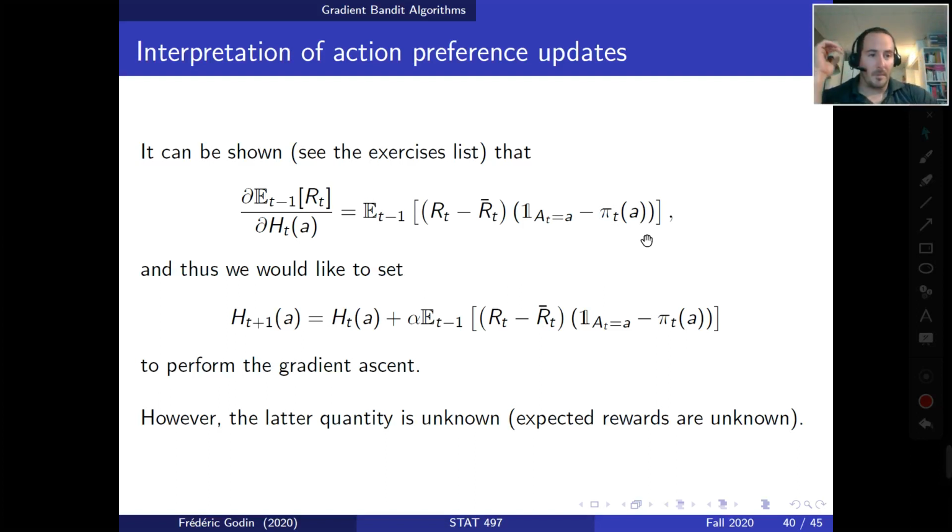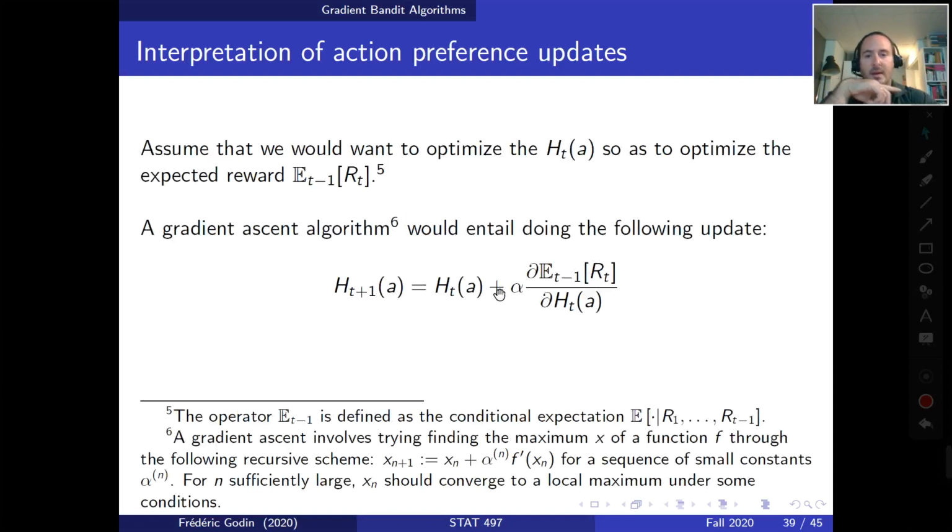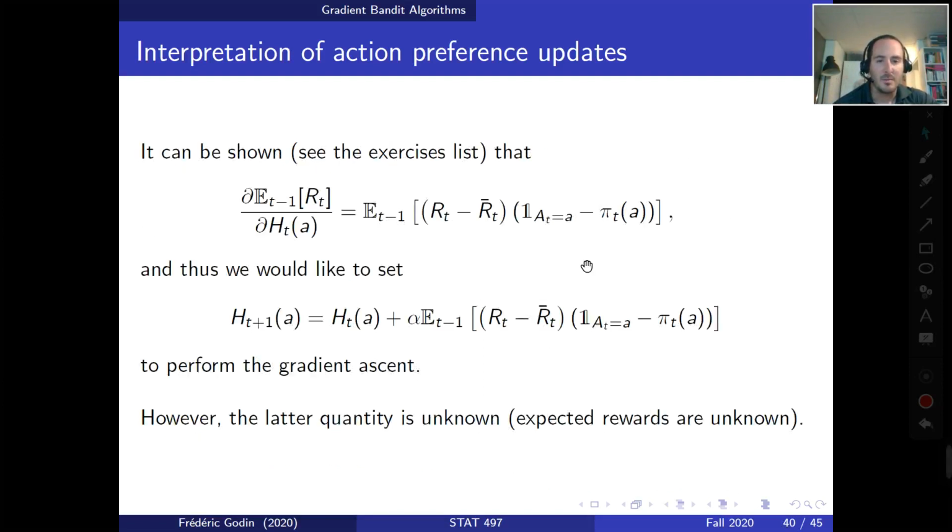So therefore, what we'd like to do to have a formal gradient ascent is substitute this expression for the derivative of our expected value with respect to the action preferences into the previous recursive equation. Okay, so if we go back one slide, for that term for the derivative, we just derived an expression, which is the following expectation.